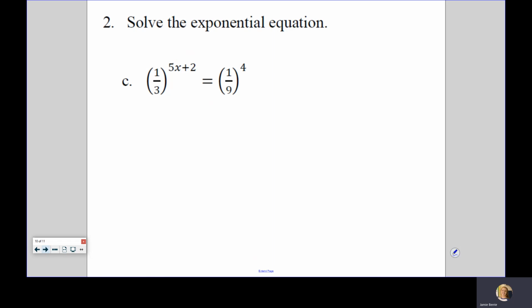All right, this is, I would say, the hardest one, just because fractions are a little bit harder to work with. You have 1/3 to the 5x plus 2 equals 1/9 to the 4th.